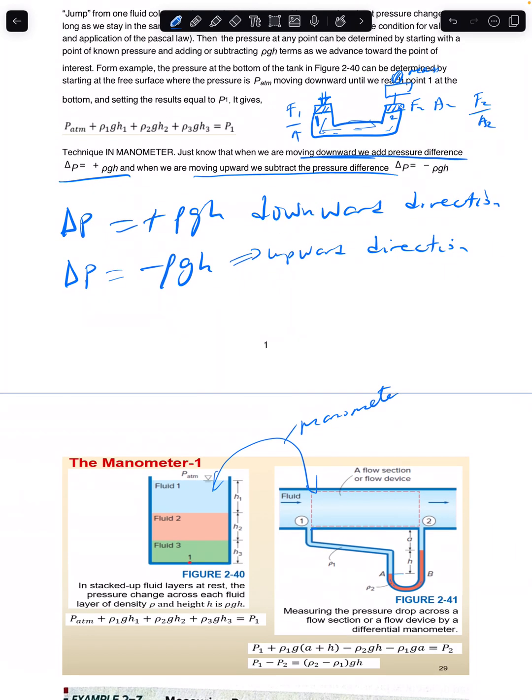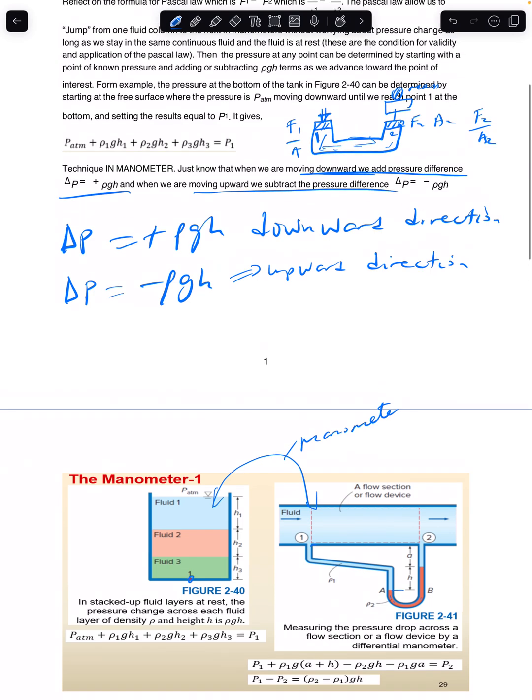So let us look at the manometer. We have to consider 2 points. For Pascal law, we were using 2 points, and we use this formula F1, A1 equal to what? F2, A2. For a manometer, this formula cannot work. That's what I was trying to explain. For a manometer, we have to consider point 1 and point 2 as two separate points.